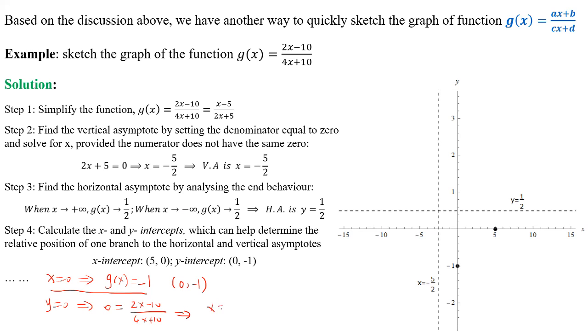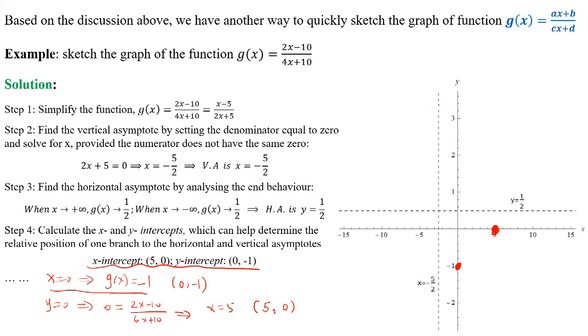Solve for x, x is 5. So the x-intercept is (5, 0), which is here. And the y-intercept is (0, -1), which is here, right? So that means one branch must pass through these 2 points.